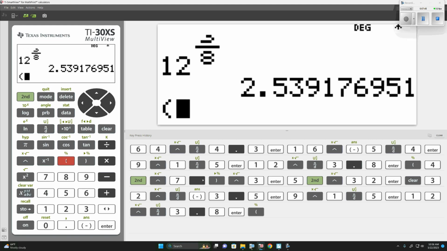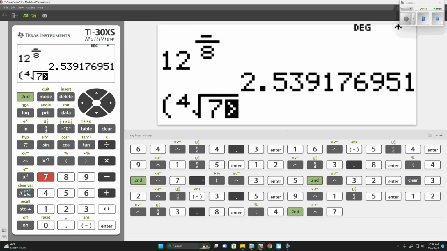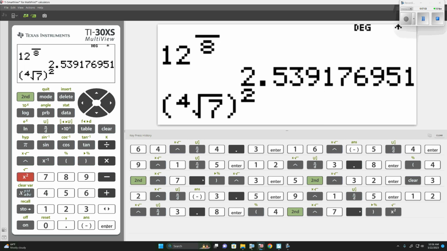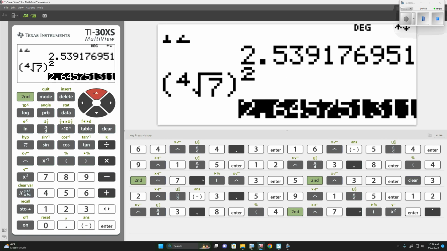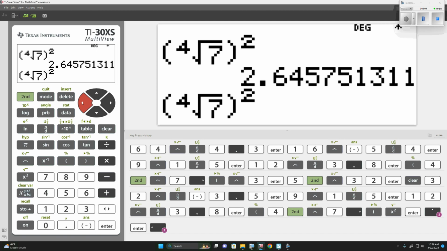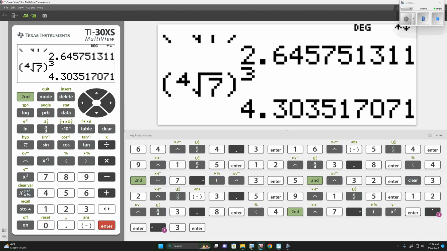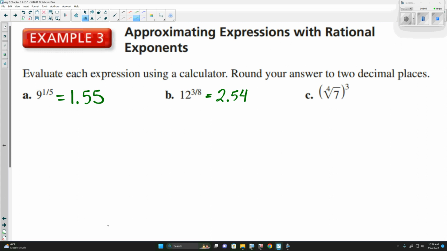So we do parentheses, 4, our radical, get the 7th root, squared, it's the third, which gives us 4.30. And since we are rounding to the second decimal place, we do need the 0 there. We need both decimal places. Any questions on any of those here?